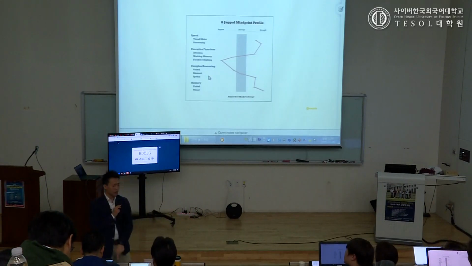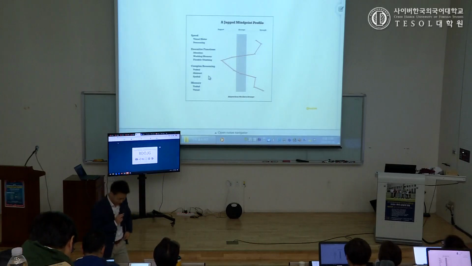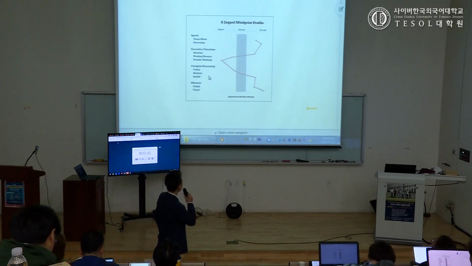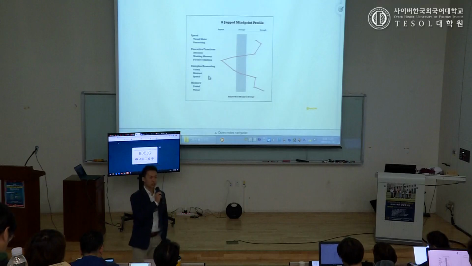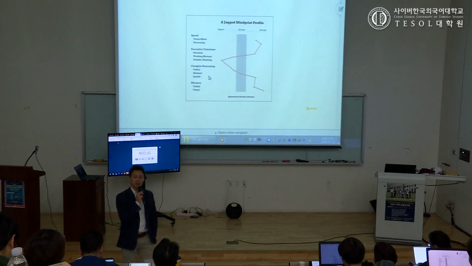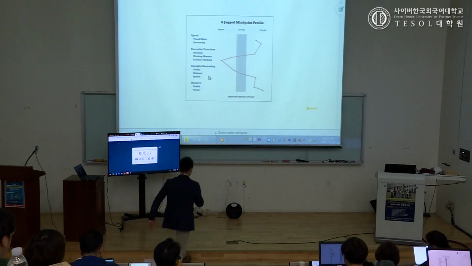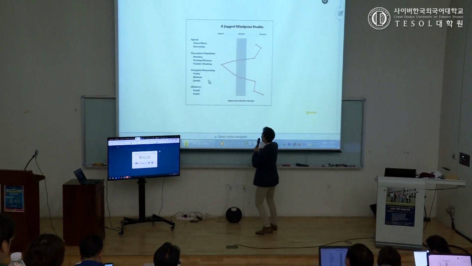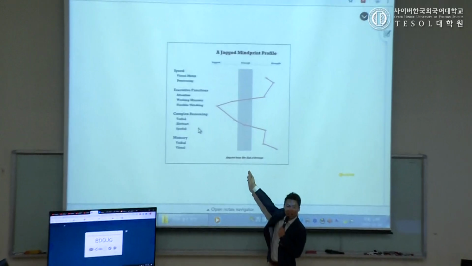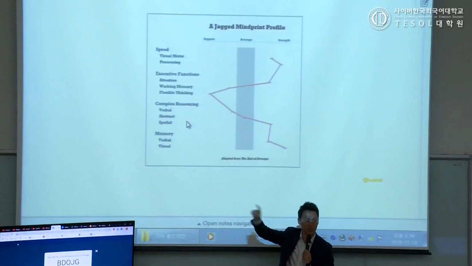This picture on the slide or on your device is showing you that the average student doesn't really exist. You can calculate an average based on math. You can figure out the average.